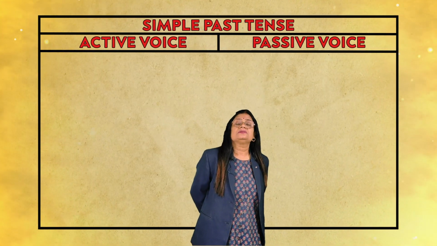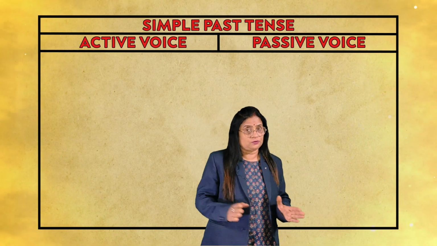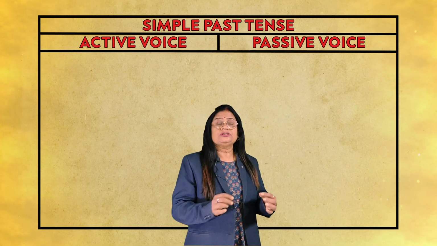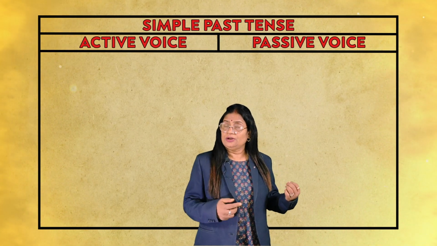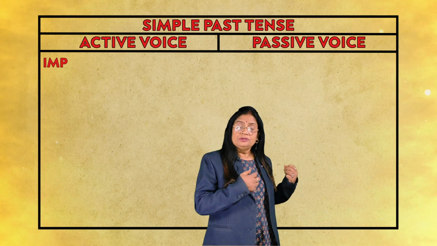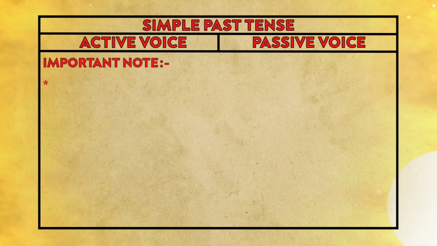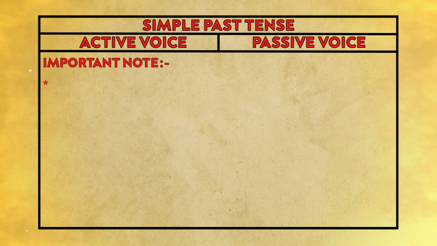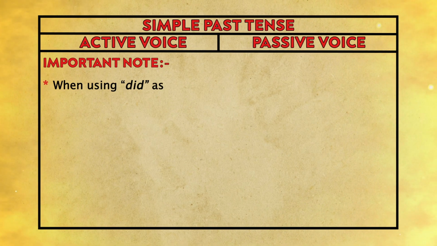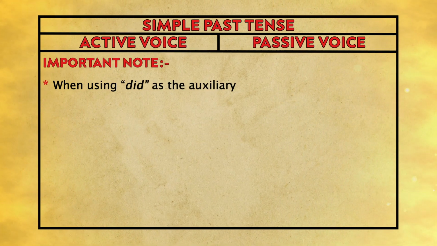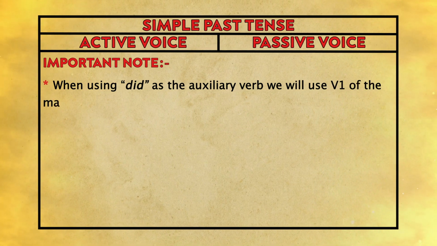Now students, while changing interrogative sentences from active to passive, there are also certain special rules. Those rules are on the screen for you to know. Please note that when we use did as the auxiliary verb, we use first form of the verb, that is V1.